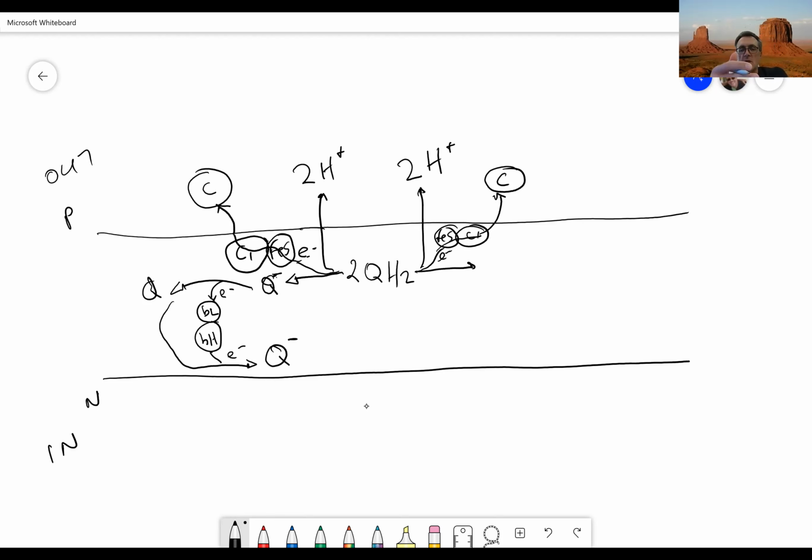So already we see that all these reactions actually generate proton motive force, because there is a net transfer of protons from the inside outside. Inside meaning they were on Q and now they go away.